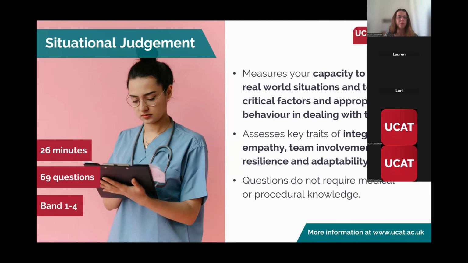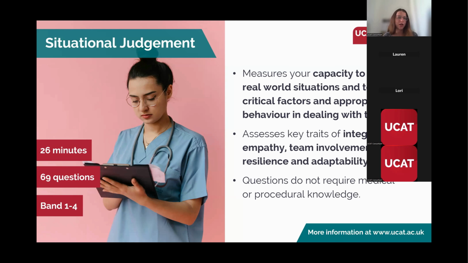And finally, we've got the situational judgment test, or SJT. So in this subtest, you've got 26 minutes to answer 69 questions, but this subtest is less time sensitive than the other ones. So in this subtest, you're presented with various scenarios and then questions associated with each scenario. And these kind of scenarios are ones that you're likely to encounter as a medical or dental student or within an educational setting.